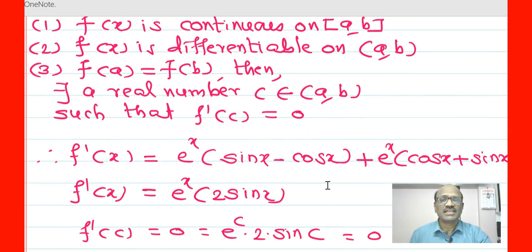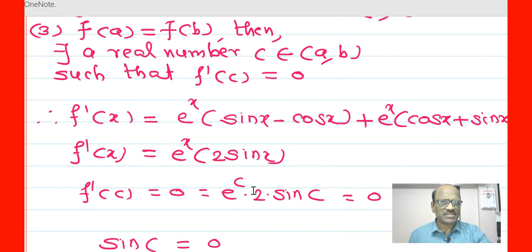First we will differentiate. f dash of x is equal to e raised to x in bracket sin x minus cos x, plus e raised to x in bracket cos x plus sin x, using the product rule. Therefore, taking e raised to x as common, you will get 2 sin x in bracket.